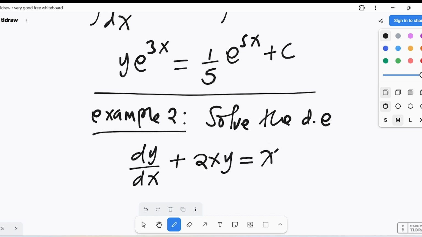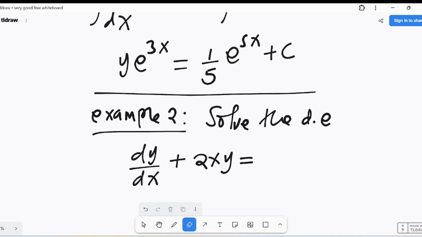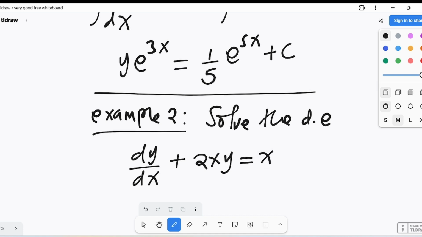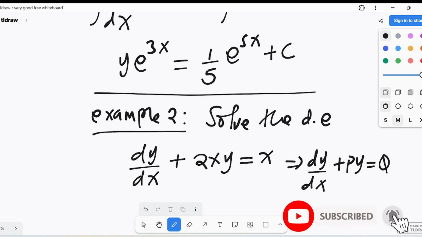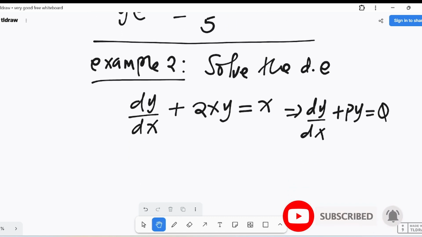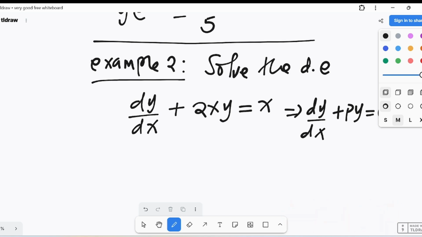Now you must first make sure that it resembles the acceptable format. The format says that it has to be dy by dx plus py is equal to q. Now can we get p? Truly, you can get p.